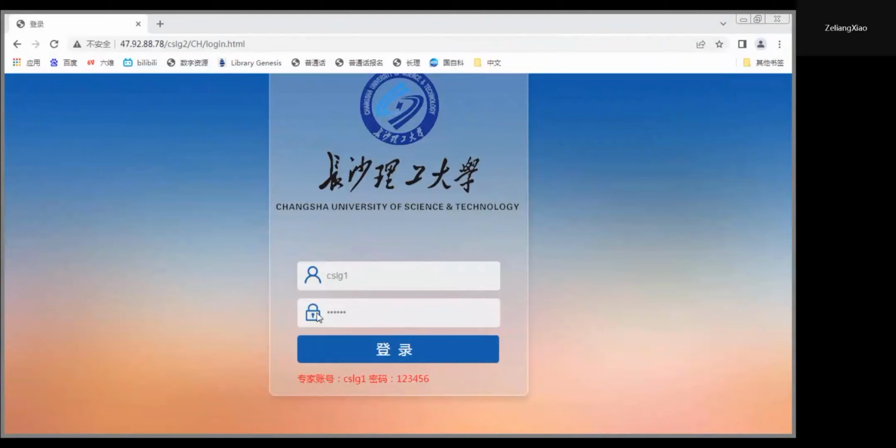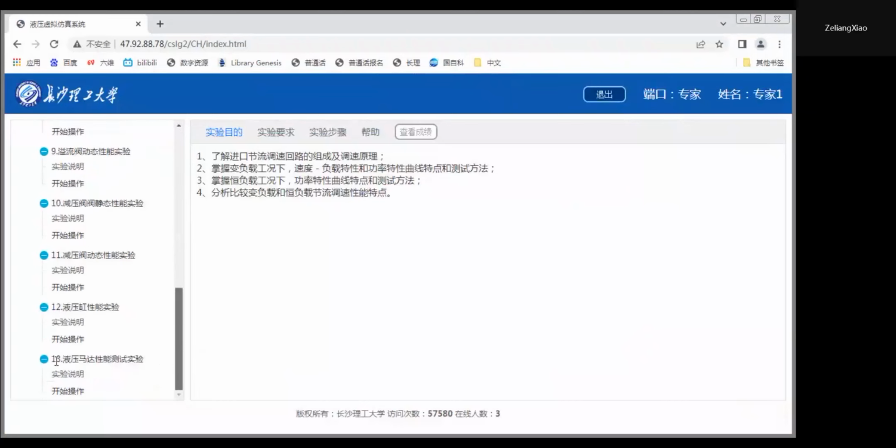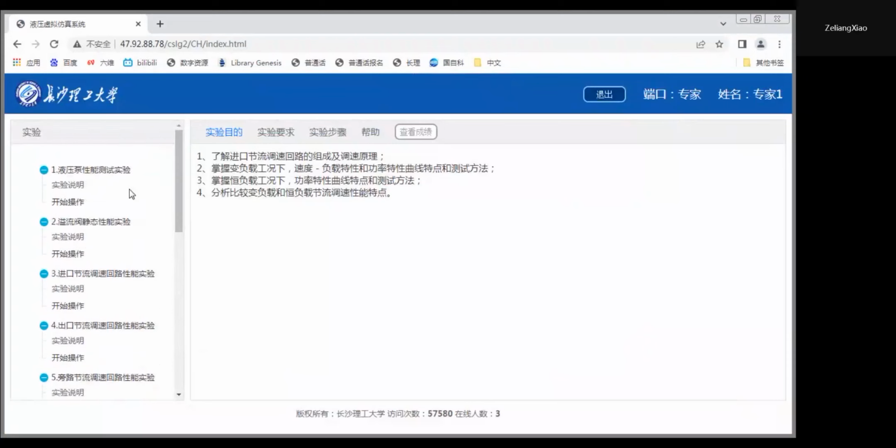This is the user and this is the password. Please change the user and the password when logging in. Then you can see the experiments. There are 13 experiments. You should only choose 4 experiments in the next 2 weeks. Every week you should finish 2 experiments.